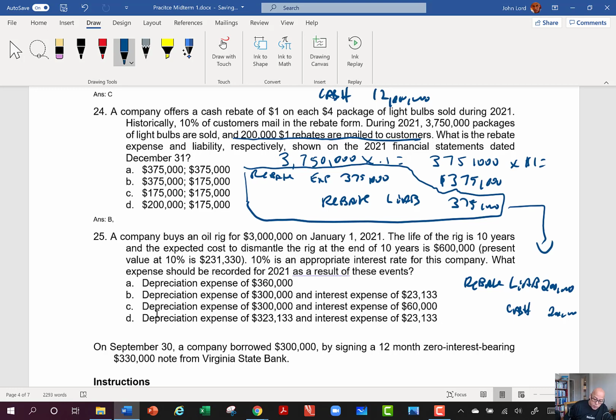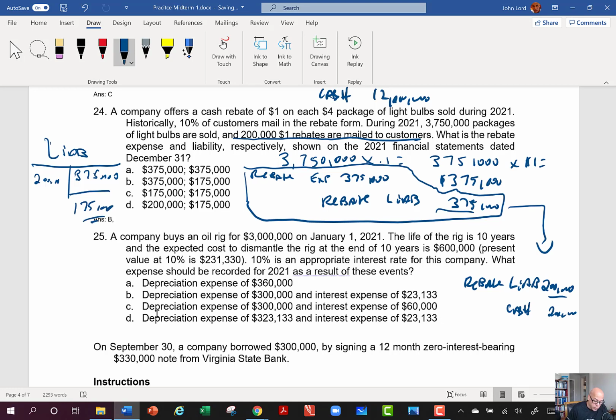So once they do that, now the liability, just to use a T account to figure it out, originally had what? 375, and then we went ahead and debited it for what? 200. So it still has what? 175 left in there, if I'm doing the math in my head correctly.